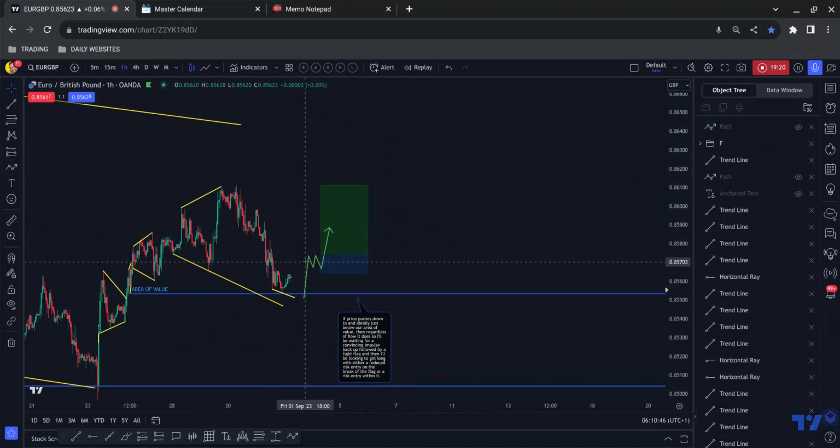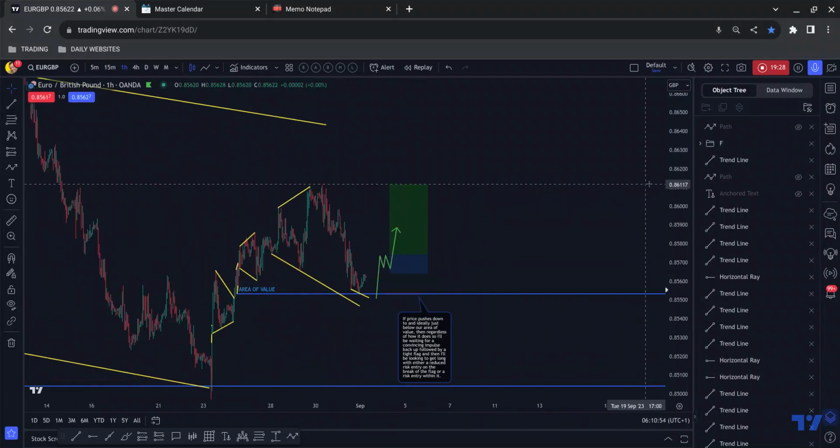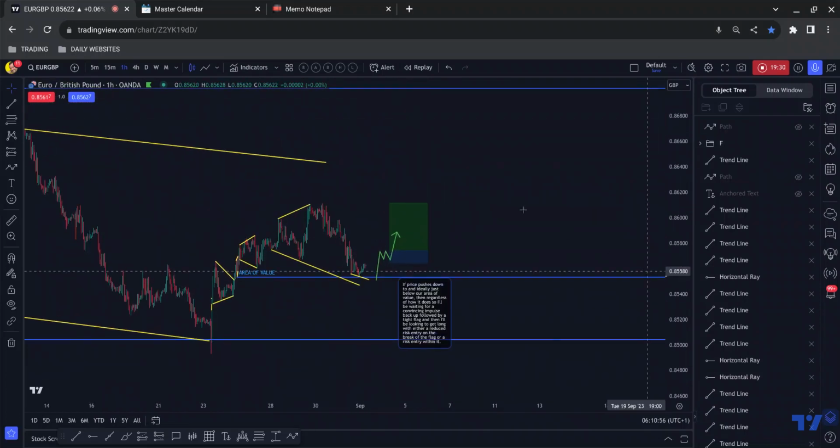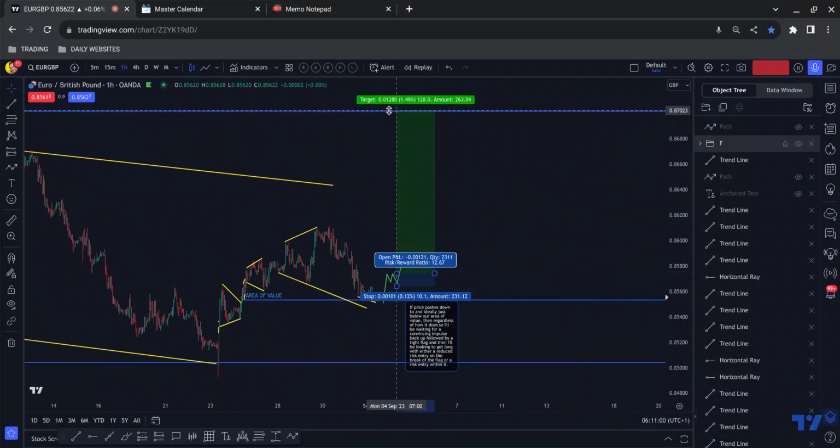I'll be looking to get long either on the break of the flag or within it, and then I'll be able to manage this up to this first inflection point for something in the region of 3.6. And then, of course, the higher target applies, which would be something in the region of 13%.